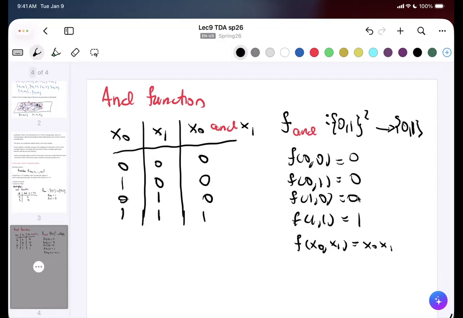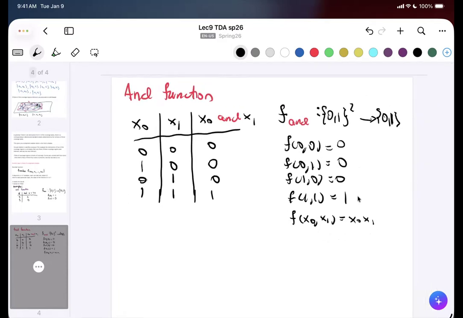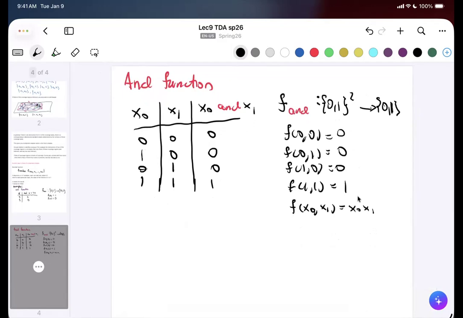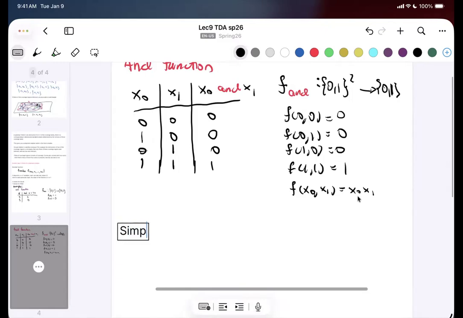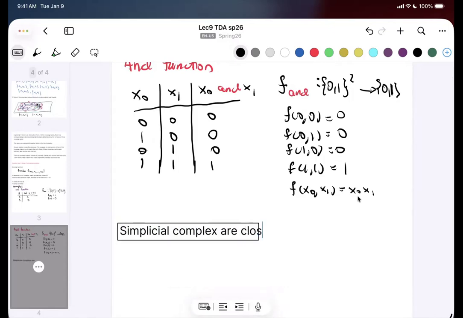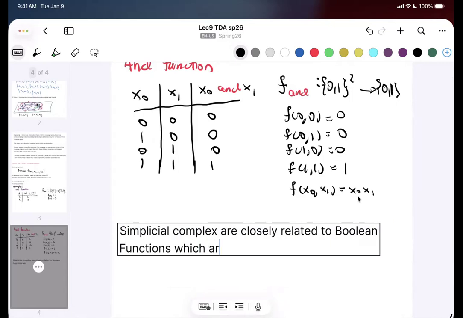So the idea is that simplicial complexes are closely related to Boolean functions which are called monotone.